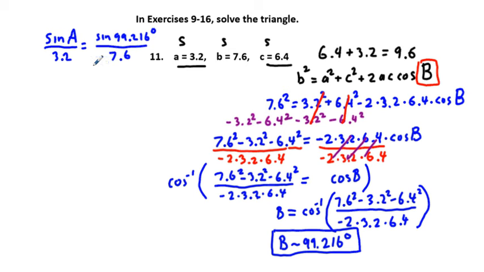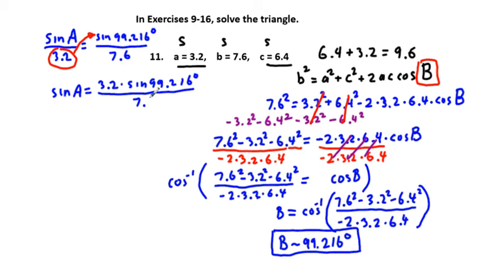If we cross multiply that 3.2, so I'm going to take this 3.2, bring it right over here. We're going to have sine A is equal to 3.2 times sine of 99.216 degrees over side B, which is again 7.6.